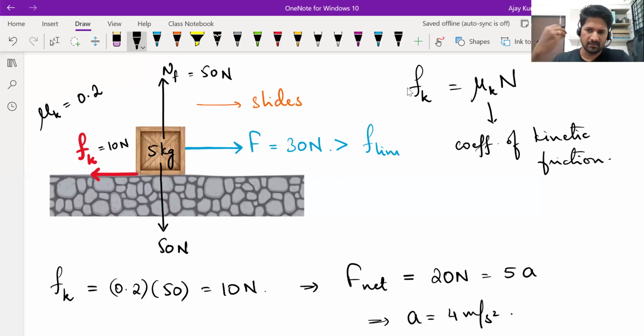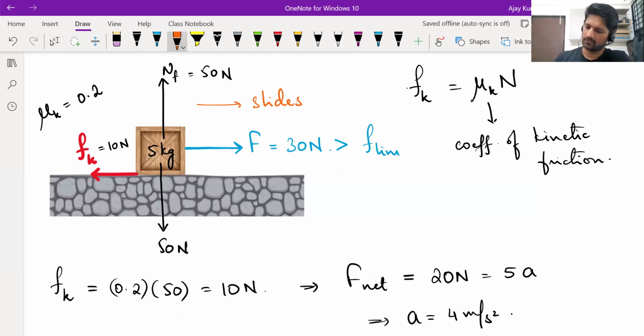So if static friction is not sufficient to prevent sliding, the object will start sliding. Or you may be given situations where the object is already sliding. You don't have to decide whether it starts or not. It may already be sliding. In such cases, you need to consider kinetic friction if the surfaces are rough.